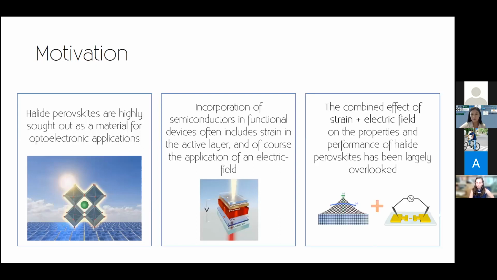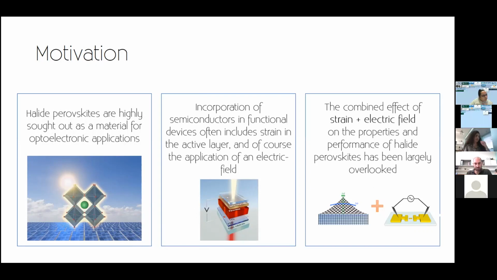The combination of strain and electric field on the properties and performance of halide perovskites has been largely overlooked in the scientific community. It has been studied for regular semiconductors, but in perovskites that are so highly studied, we haven't seen this too much. So this is what we wanted to check.